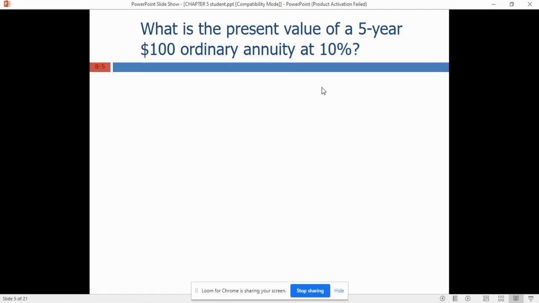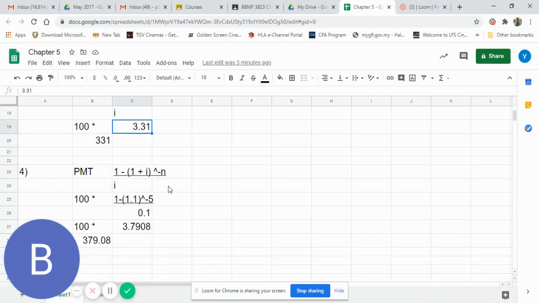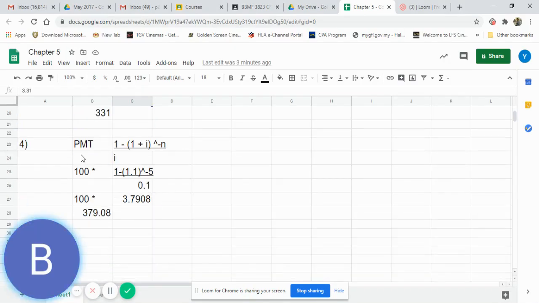All right, your answer should be 379.08. All right, same formula, the present value annuity formula, 100 times 1 minus 1.1 power of negative 5, divided by 0.1.